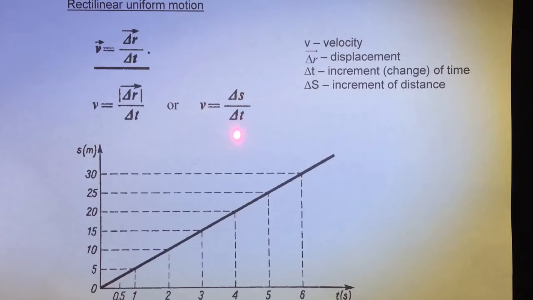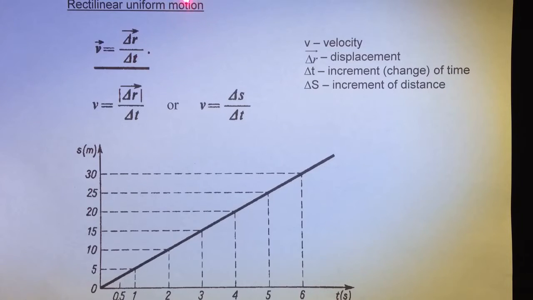And this form, this formula, is nothing but a mathematical function. If this is a function, then we can draw or plot a graph. For example, distance versus time.